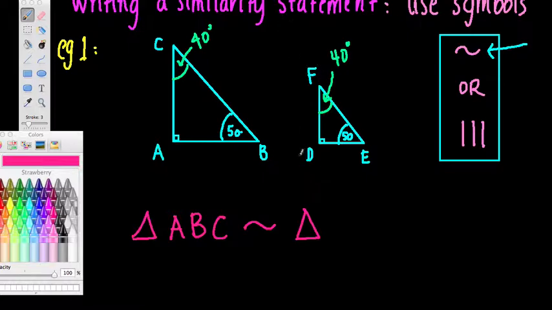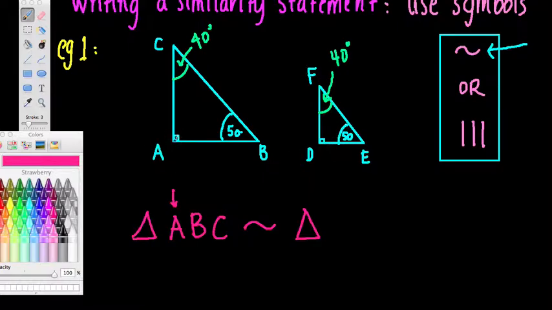Now, we must match the vertices. If I've called this ABC, I cannot say now FED. Why can't I do that? Because A is not the same as F, it's not the same vertex. When I put A first, I must start with the corresponding vertex on this triangle.